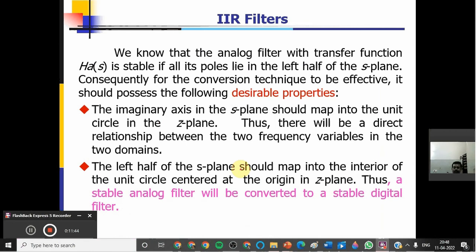So we are going for a transformation from the S-plane to the Z-plane. Thus, there will be a direct relationship between the two frequency variables in the two domains. The left half of the S-plane should map into the interior of the unit circle centered at the origin in the Z-plane. Thus, a stable analog filter will be converted to a stable digital filter.